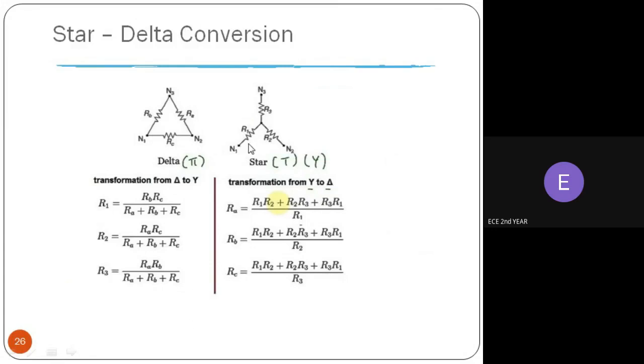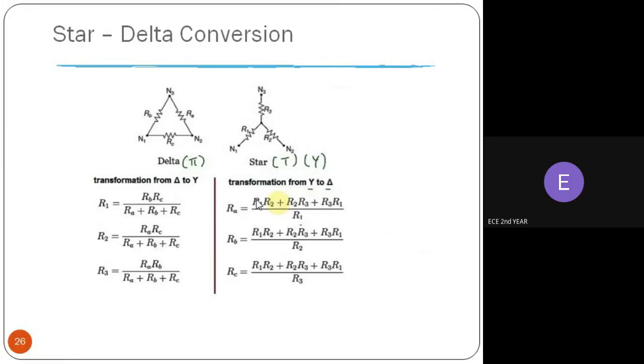Here R1, R2, R3 are the 3 resistances connected in a star connection, which can be converted into delta. The resultant delta resistance values are RA, RB, RC. RA can be calculated with the formula R1 into R2 plus R2 into R3 plus R3 into R1 divided by R1.